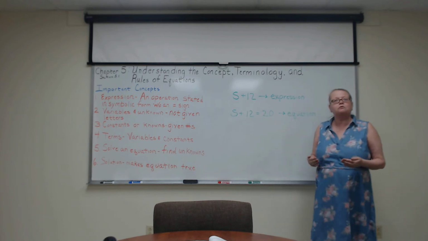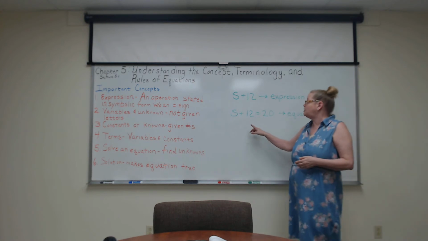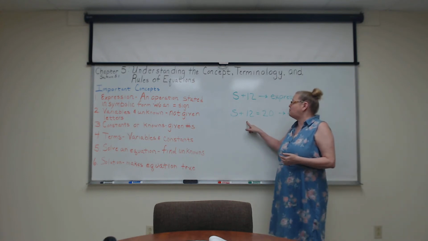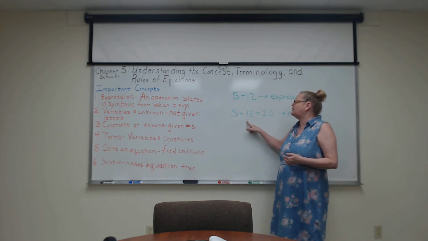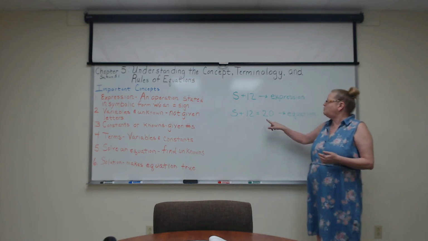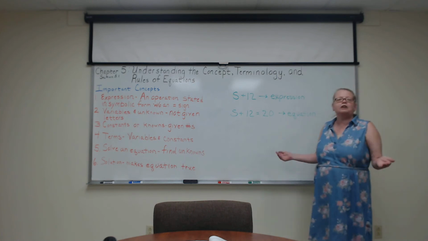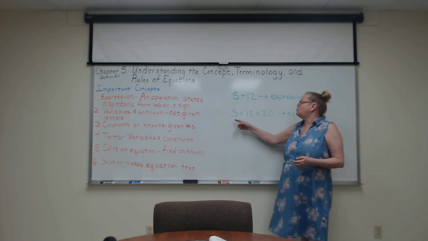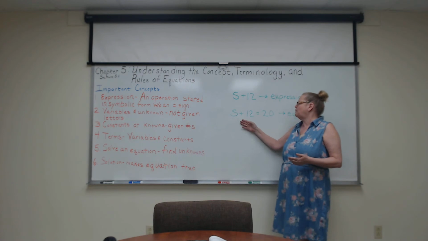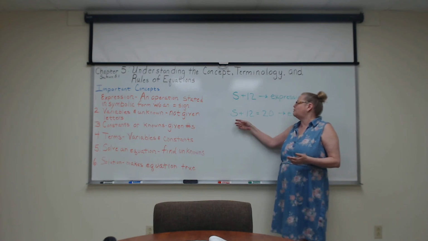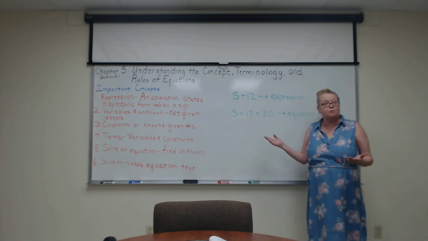And I'm going to be going through the different steps of how to solve an equation. But the key that you want to remember basically is that the point of solving an equation is to find your unknown. This one that I have on the board here, it's fairly simplistic. So as you're looking at it, you can probably figure out that 8 is your answer. 8 plus 12 equals 20.